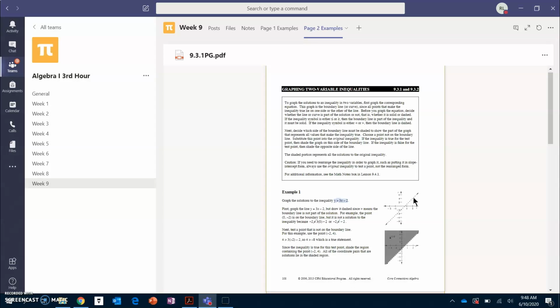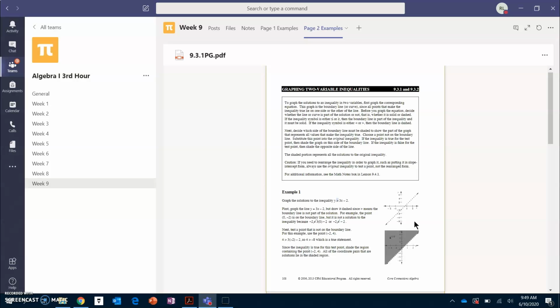Once you have it graphed, if the inequality is strictly greater than, without the line underneath, you make the line dotted, to say that it can't be on the line, it could just be close. If there's that line underneath, then you make it solid. Then you test points to see whether the answer is going to be above the line or below the line.